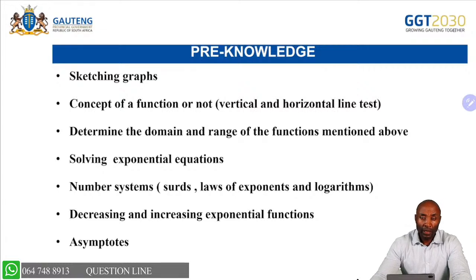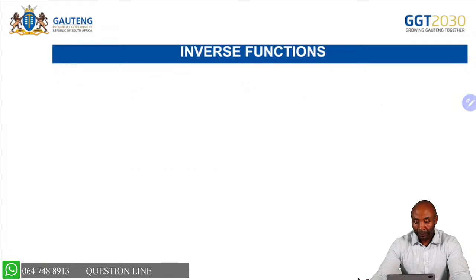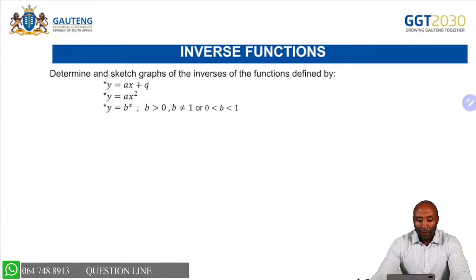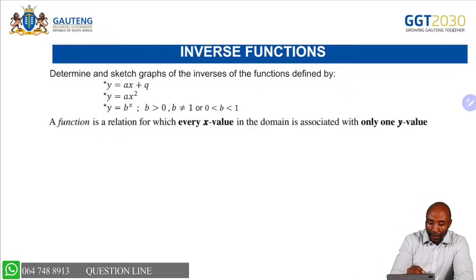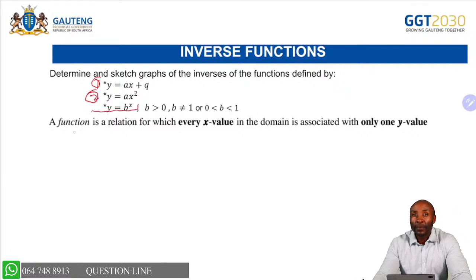We look at the concept of a decreasing and increasing function with emphasis on the exponential function, as well as our asymptotes. Now, we looked at the first function as well as the second function. Today, our main focus is looking at our exponential function.